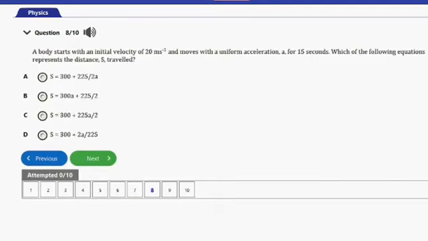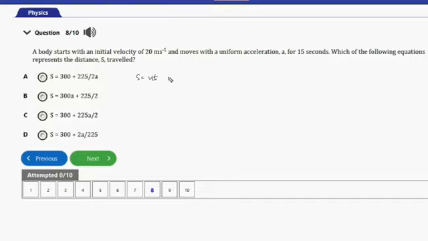Alright, so guys, the next question we have here is question number 8. It says, a body starts with an initial velocity of 20 meters per second and moves with a uniform acceleration a for 15 seconds. Which of the following equations represents the distance s traveled? So guys, actually the distance traveled s is equal to ut plus half at squared.